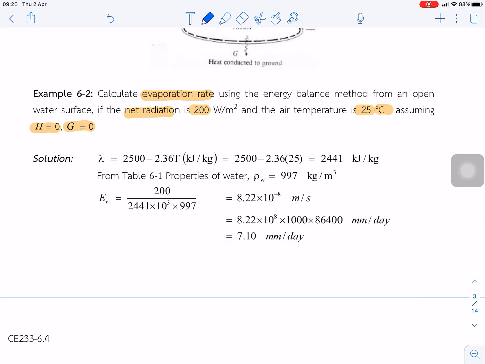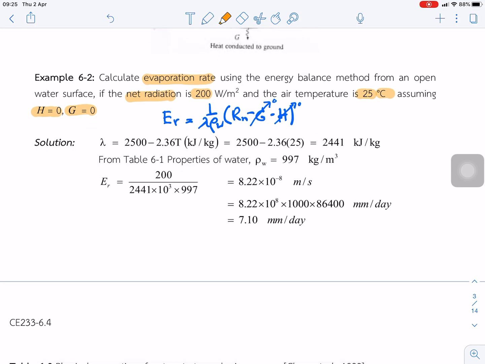So actually this one starts from ER is equal to, and this one is 0 and 0. So with the third, we have to find the latent heat of evaporation, which depends on temperature.